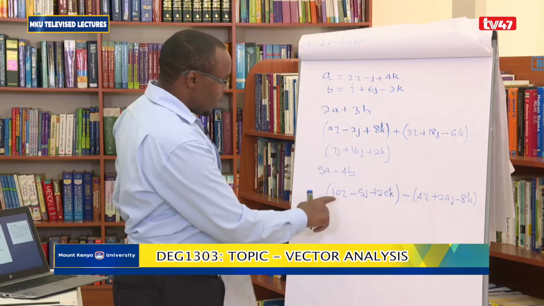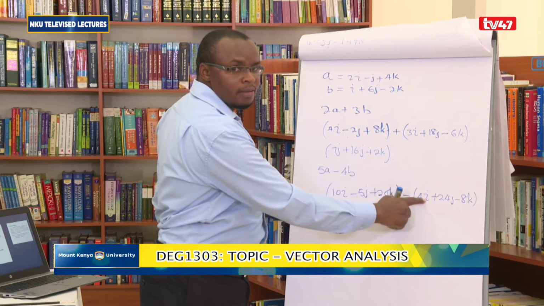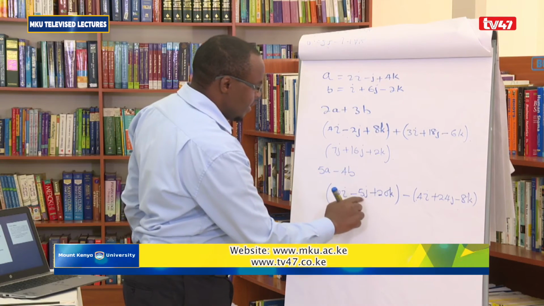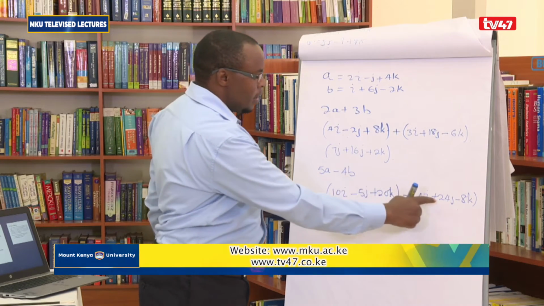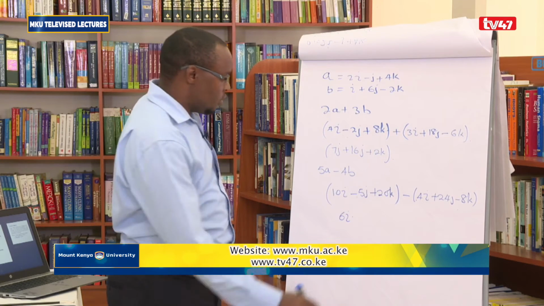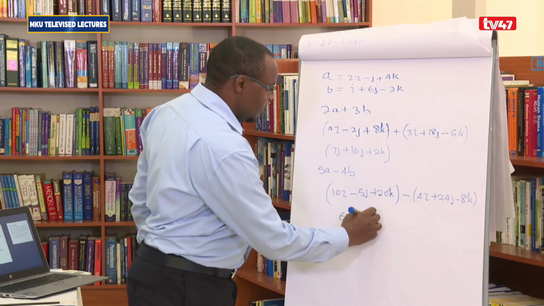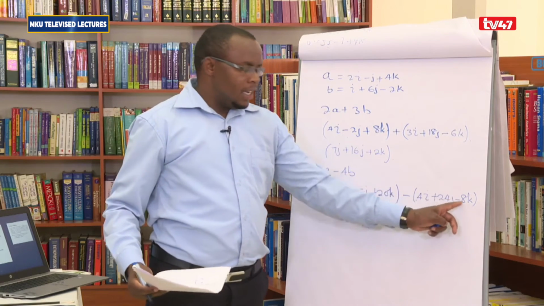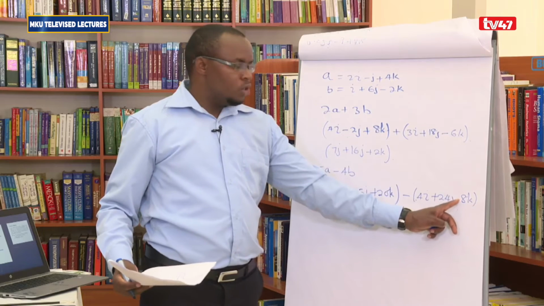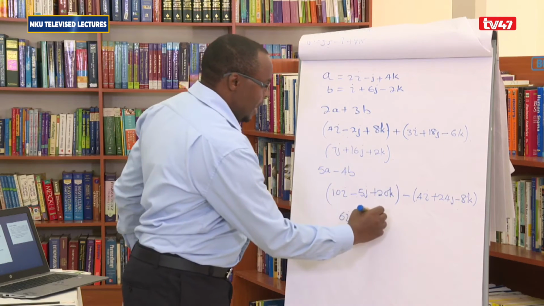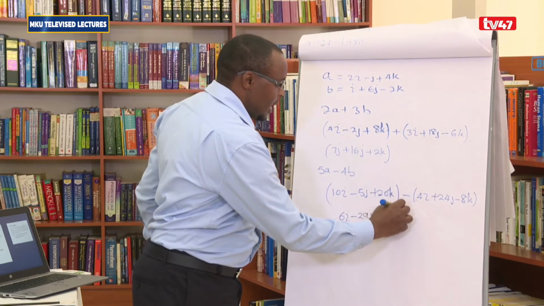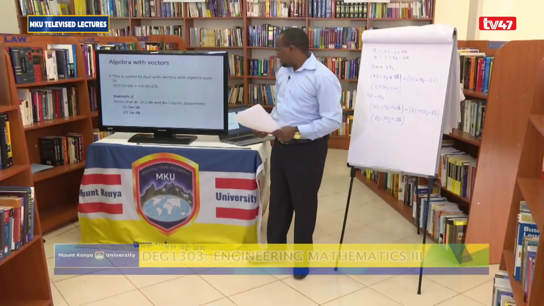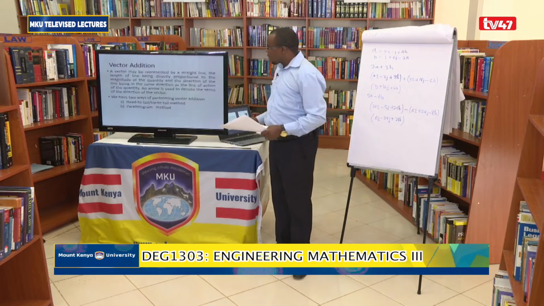So you are going to have 10i minus 4i giving us 6i, and then minus 5j minus 24j is going to be minus 29j, and then plus 20k plus 8k, since we have said the sign is going to change to positive, is going to be plus 28k. And then this is our answer for that question.